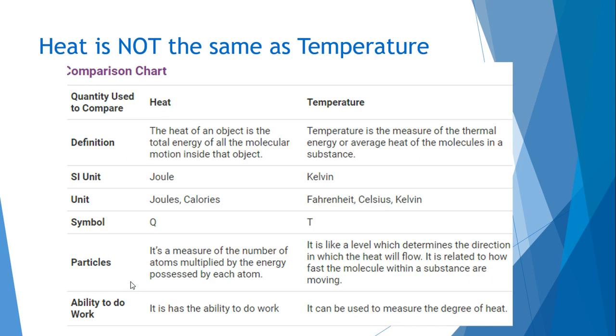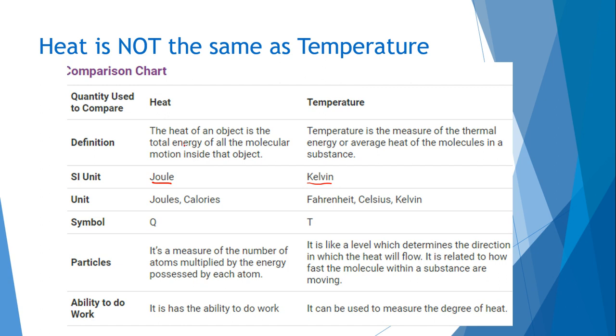One thing to know is that heat is not the same as temperature, and you will notice this quickly when we talk about SI units. SI unit for heat is joule, but if we look at temperature, it is Kelvin. The other thing comes into the terms of its definition.